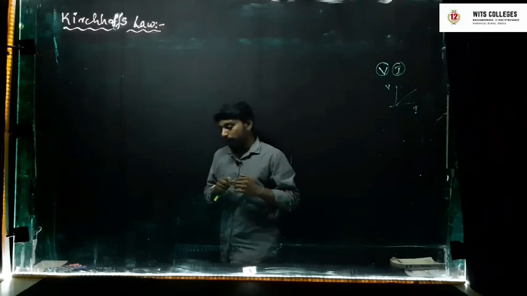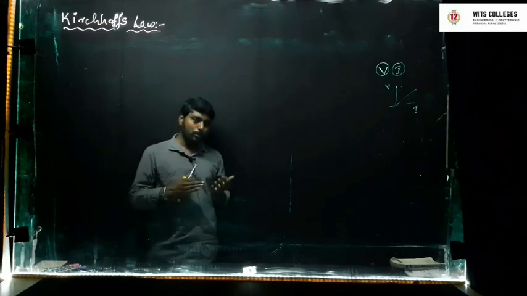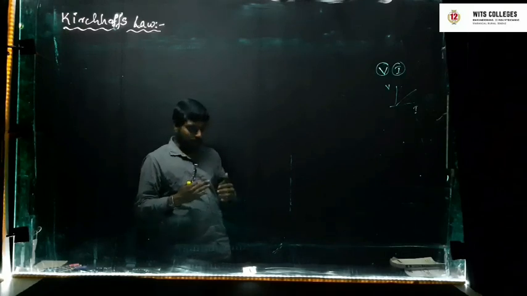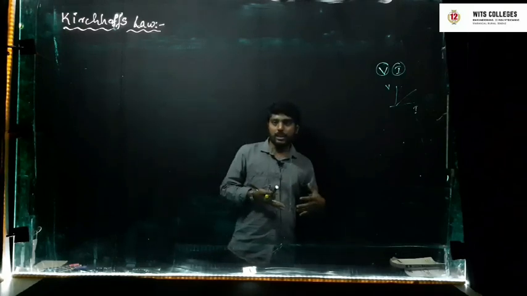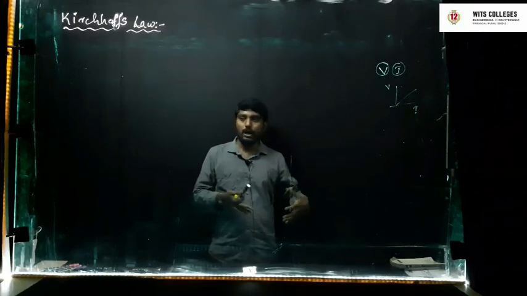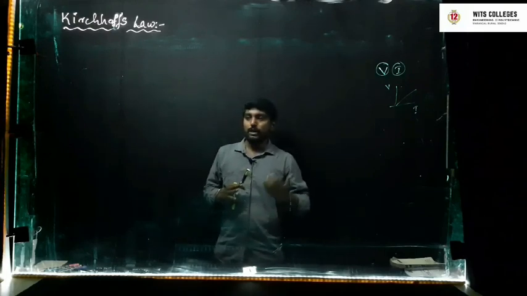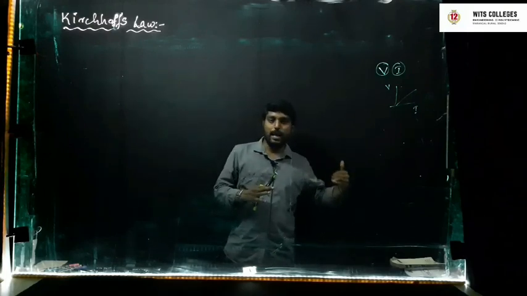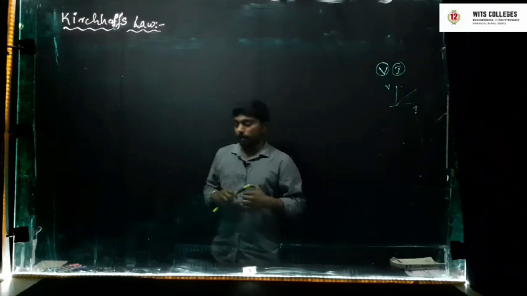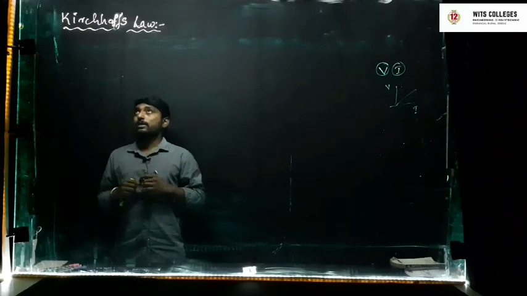The active elements are the voltage source and current source, which supply voltage; they are the donors. The resistor, inductor and capacitor receive voltage; they are the acceptors. The voltage source and current source always act as donors, and the resistor, inductor and capacitor always act as acceptors. That was the earlier class. Today's class is very important and very easy to understand.